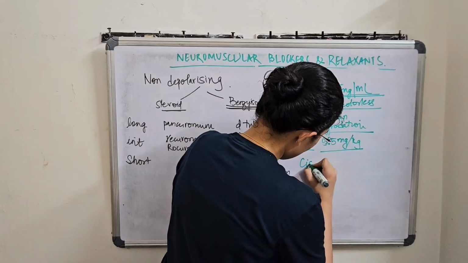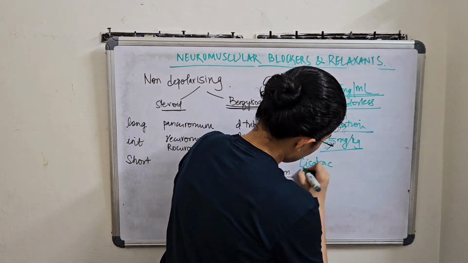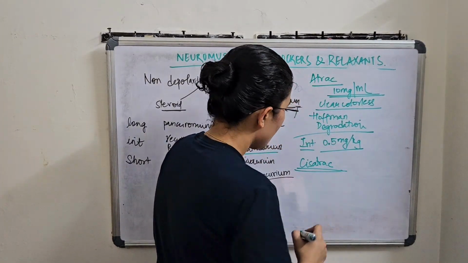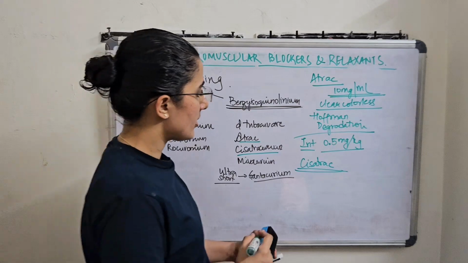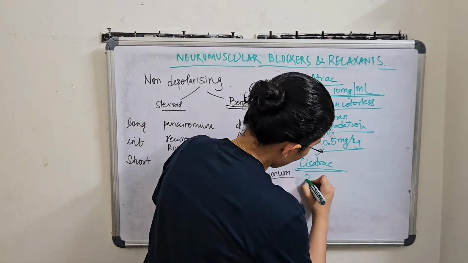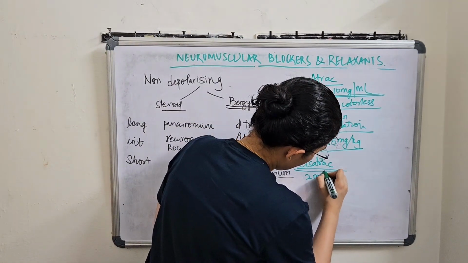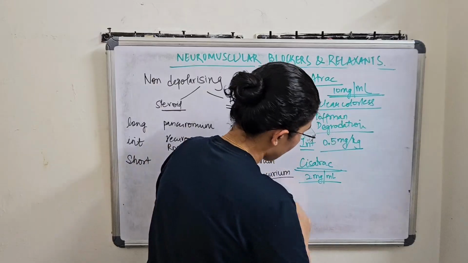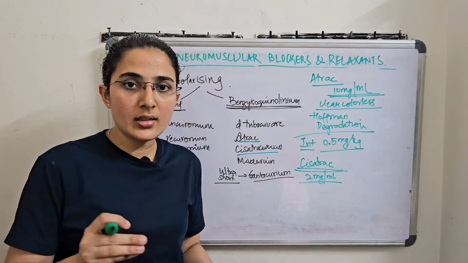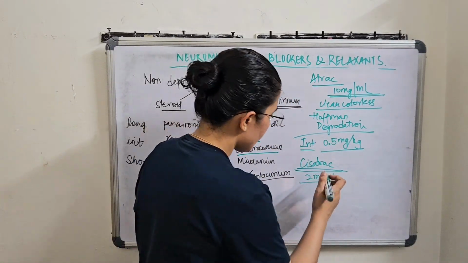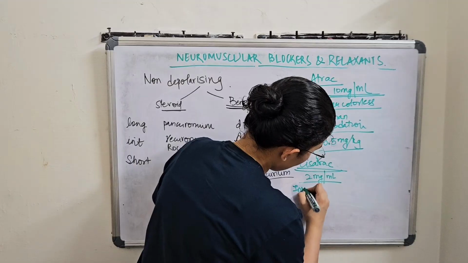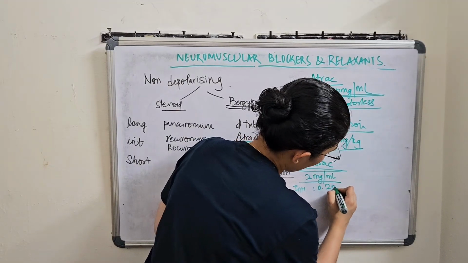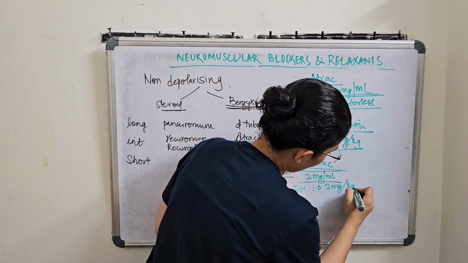Next we come to cis-atracurium. Cis-atracurium is a newer drug, right? It is available as 2 milligram per ml, as a clear colorless solution. The cis-atracurium intubating dose will be 0.2 milligram per kg body weight.